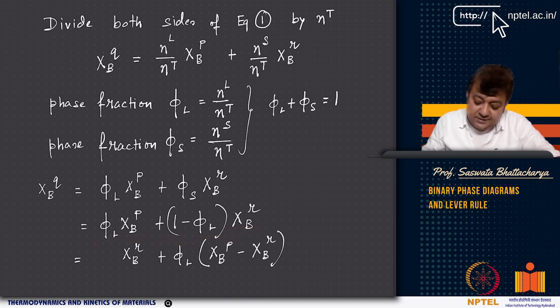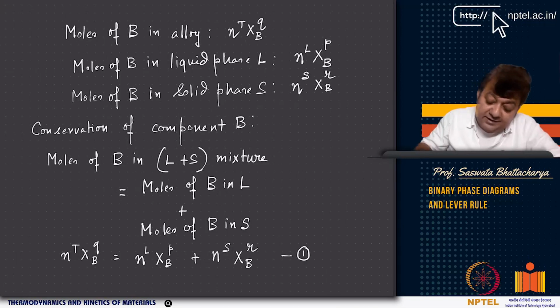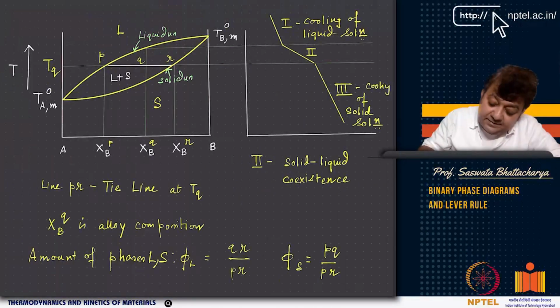Now, you have XBR into 1, and minus phi L XBR, and here it is plus phi L XBP. You can take phi L common. This is XBP minus XBR, or XBR minus XBP.